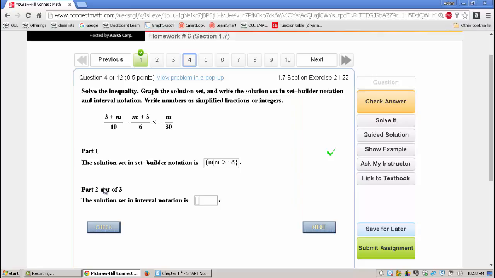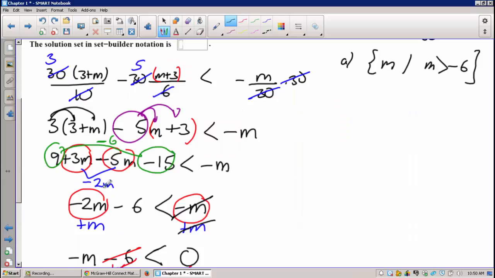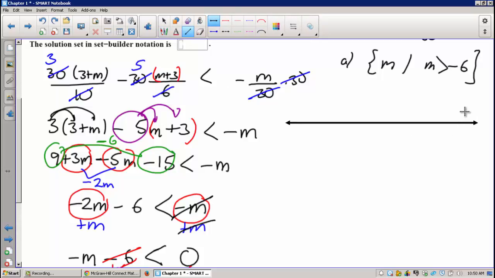Now we need to turn this into interval notation, but I like drawing this thing and looking at the region to do that. So I'm gonna draw this first. This means more than minus 6. More means to the right side of minus 6, like minus 5, minus 4, minus 3 is more than minus 6, right?